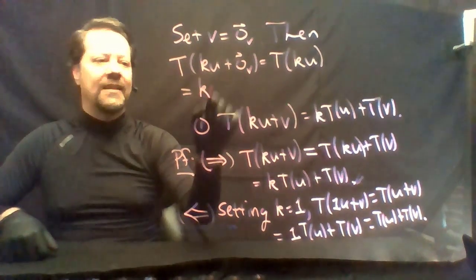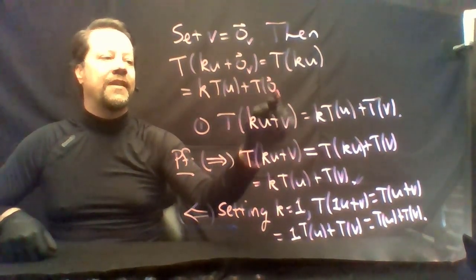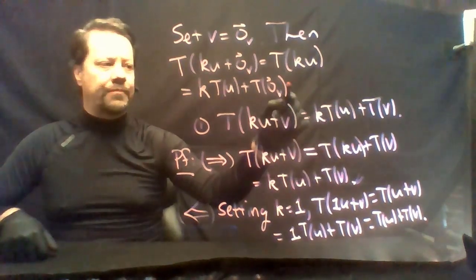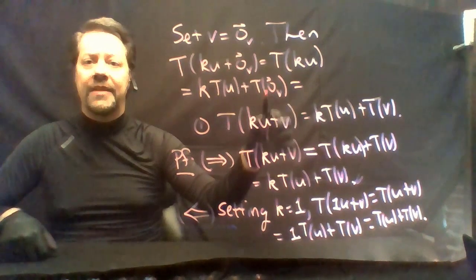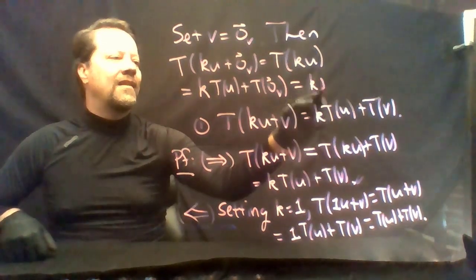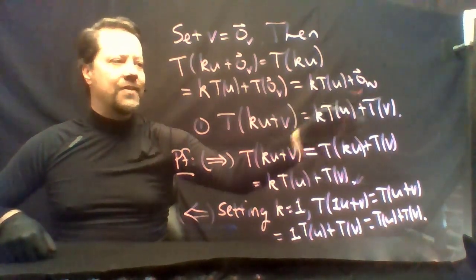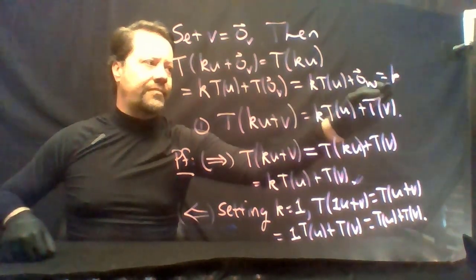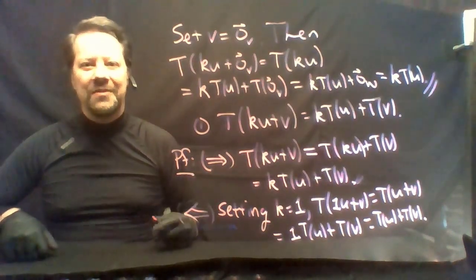This must be K T of U plus T of the 0 vector in the vector space V. By the last theorem, we know that this maps to the 0 vector in W. And if you add the 0 vector to anything, it leaves it alone. And that completes the proof. This last theorem allows us to check only one property, thereby shortening our proofs of linearity.